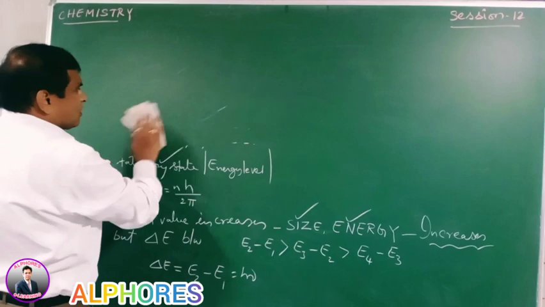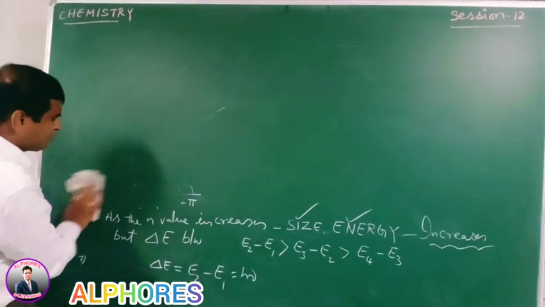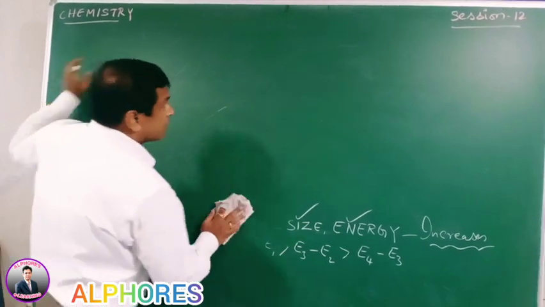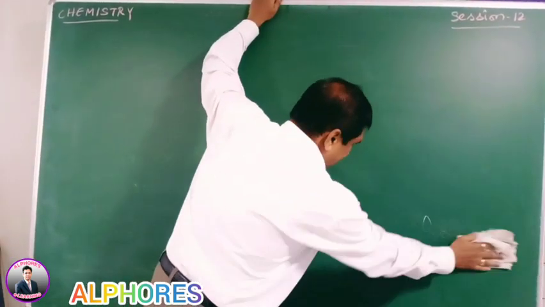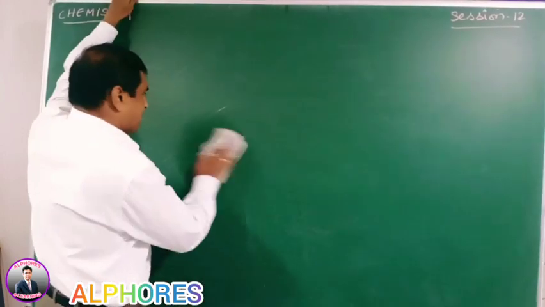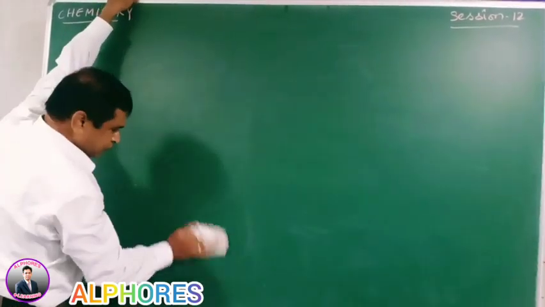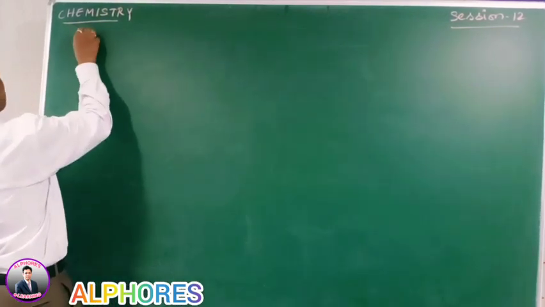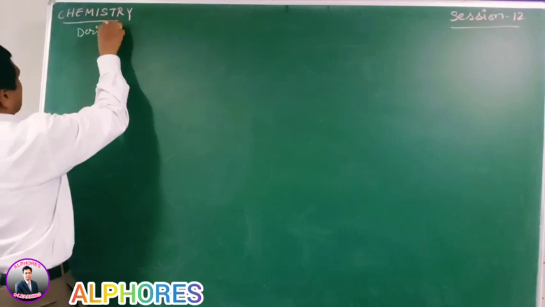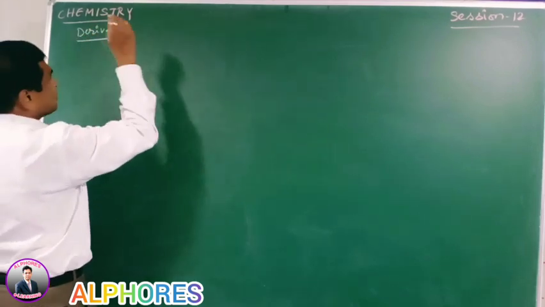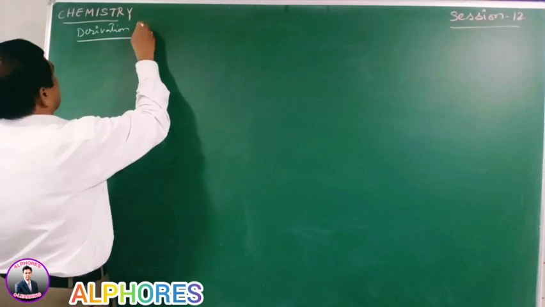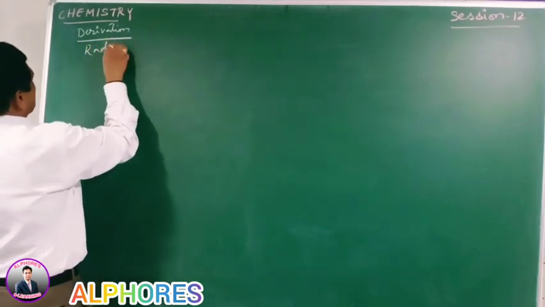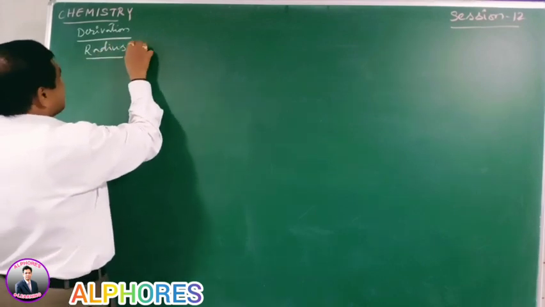Derivation of the equation to express the size of the orbit, that is, to calculate the radius equation.